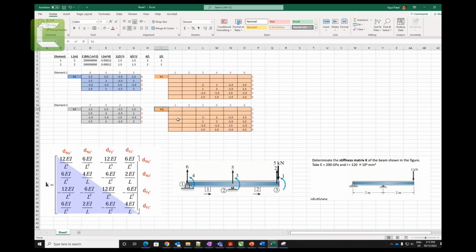Maybe this one would be K2. Let's make it a different color, a yellowish, so we separate it out. Okay, very good. Now we can just delete all this because this is different.